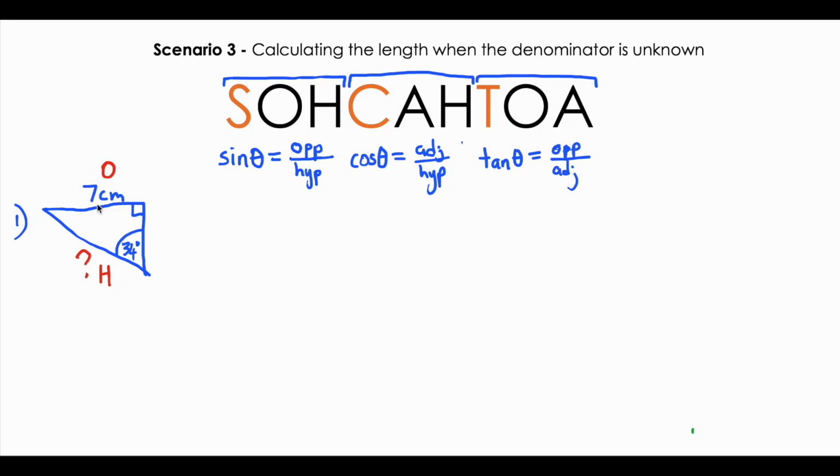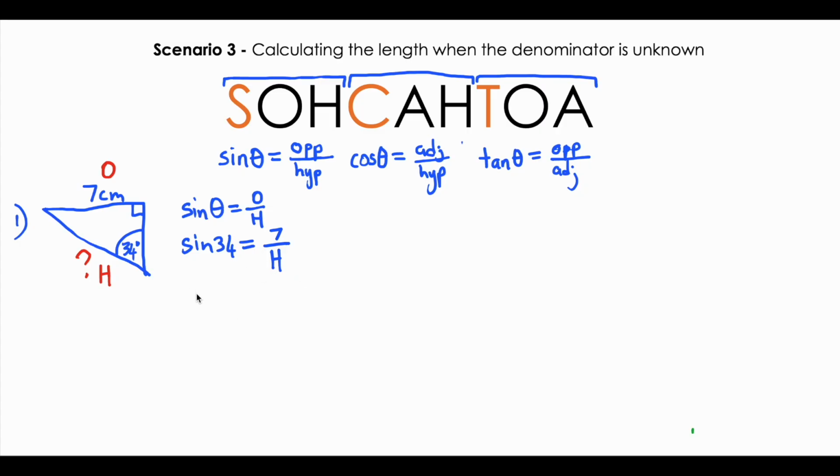Sine. So we say sine of the angle is equal to O over H. So we have sine 34. We know what the opposite is, which is 7. We don't know what the hypotenuse is, so our denominator is unknown. Sine 34, what do you get for that?